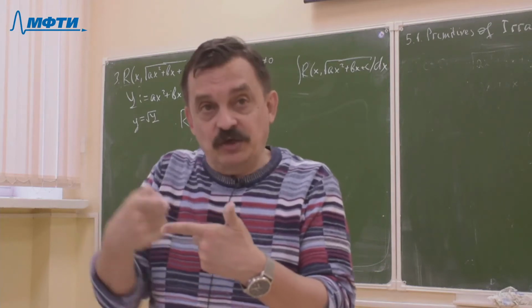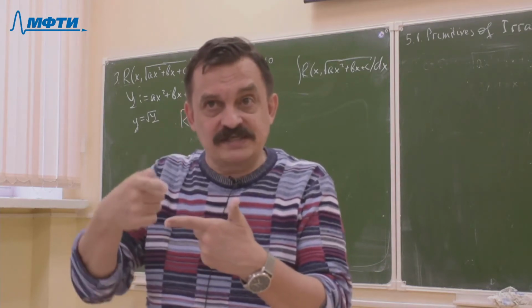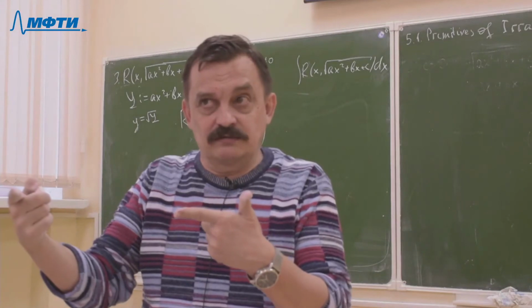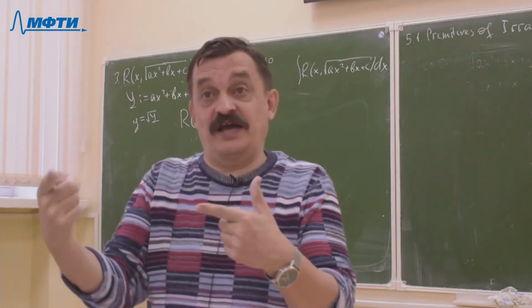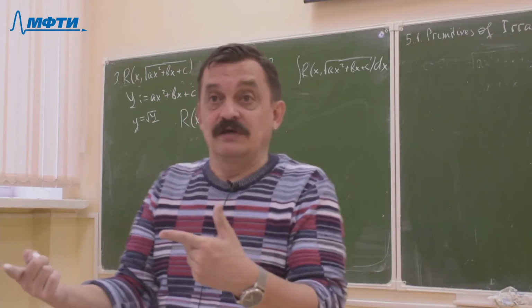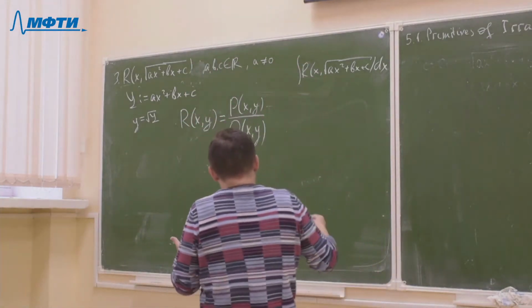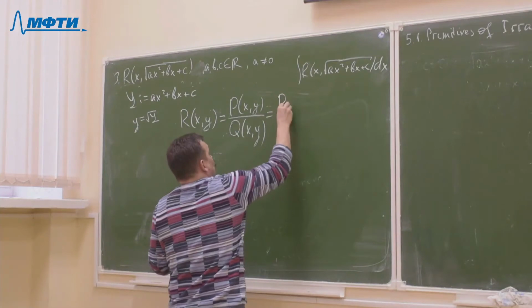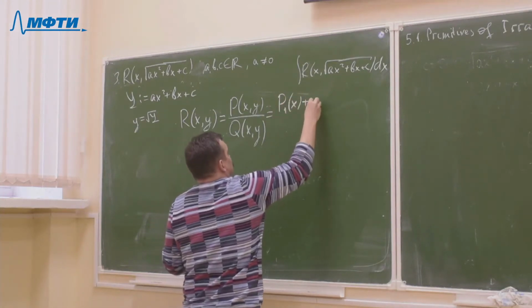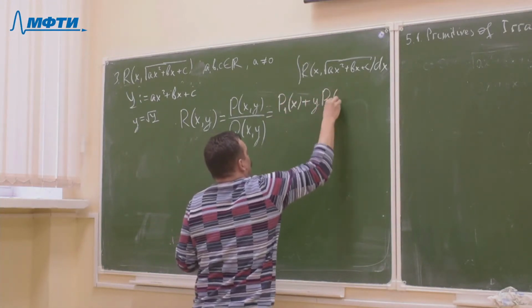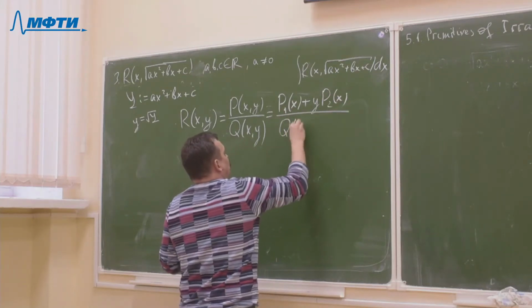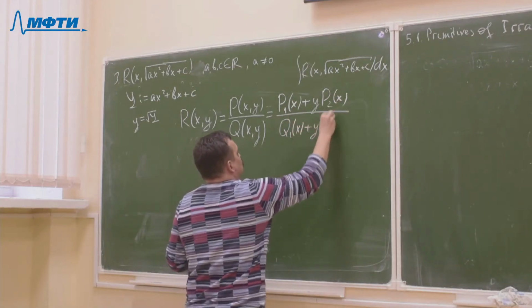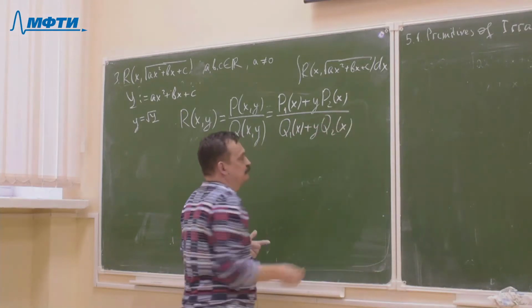So y cubed, what is y cubed? Y squared times y. So it means a polynomial of x times y. So as a result, we can write it as p1 of x plus y times p2 of x over q1 of x plus y times q2 of x.